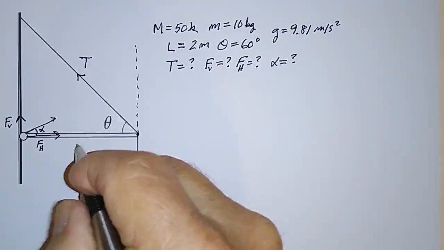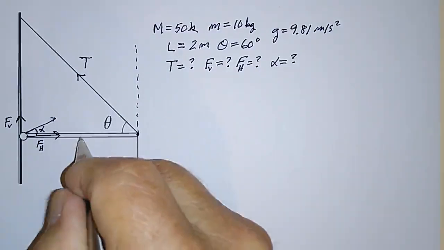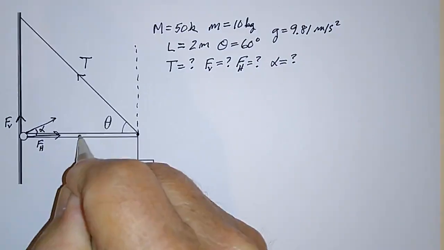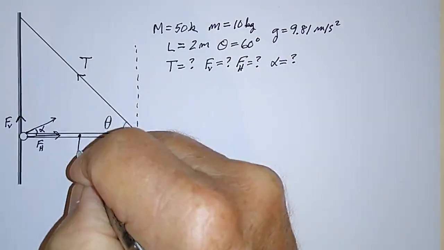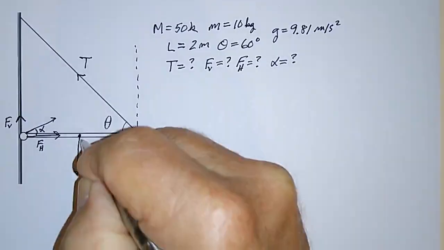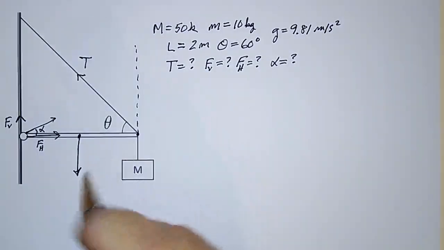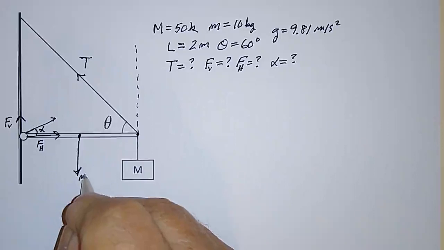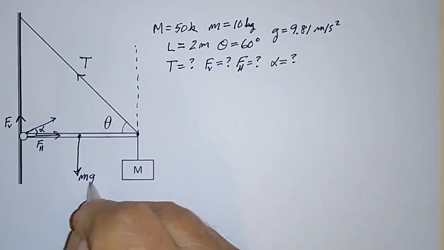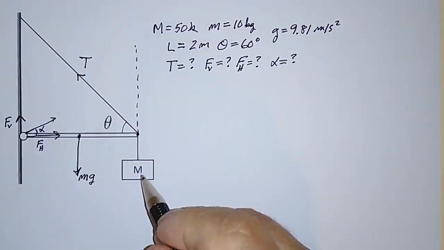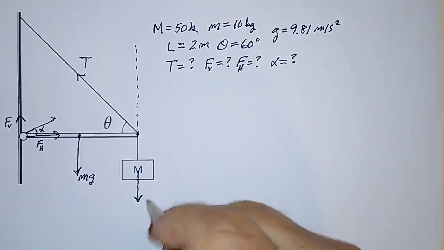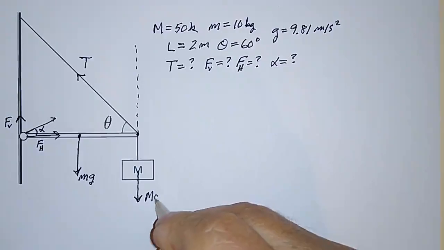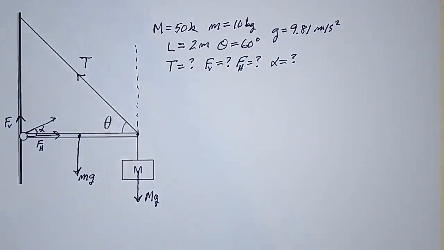Let's start by indicating the mass of the bar, and the effect of gravity on it means that we have a force acting in this direction associated with the mass of the bar, and let's just call that little m times g. The force of gravity associated with the big mass is just big M times g, like that.